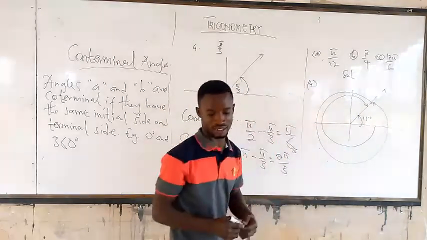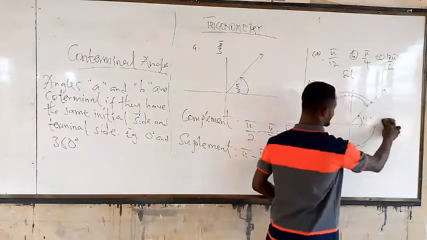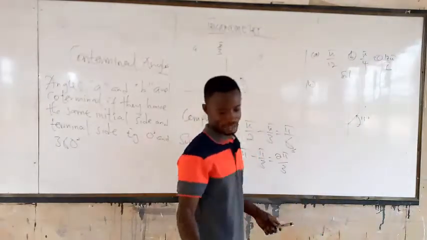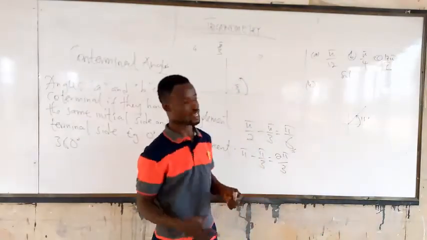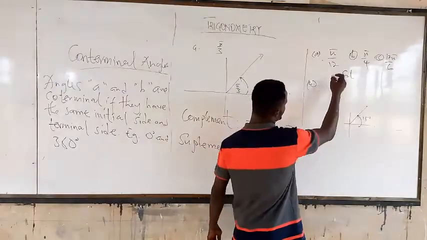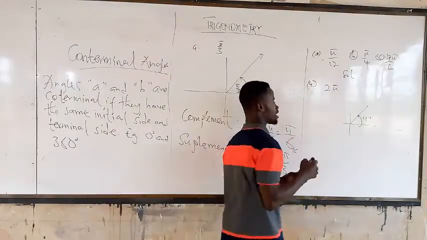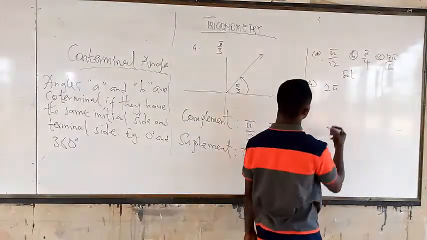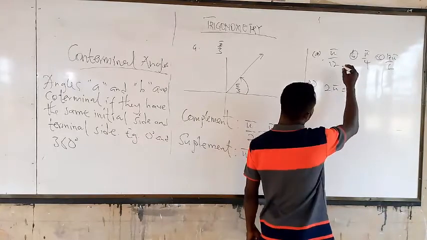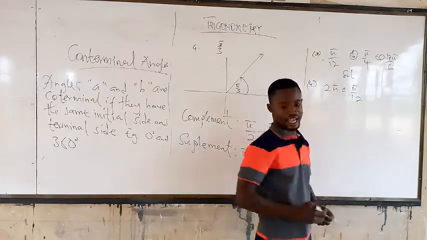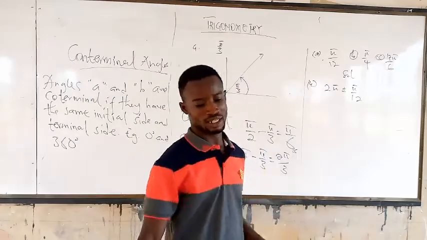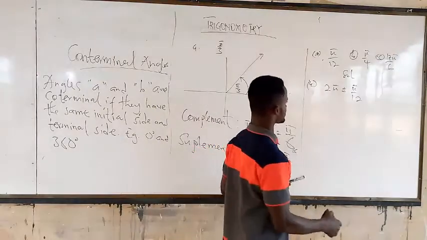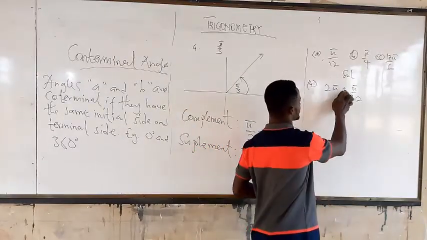Simply, since it's in radians, you take 2 pi plus or minus pi over 12, and that is just going to give you the coterminal.